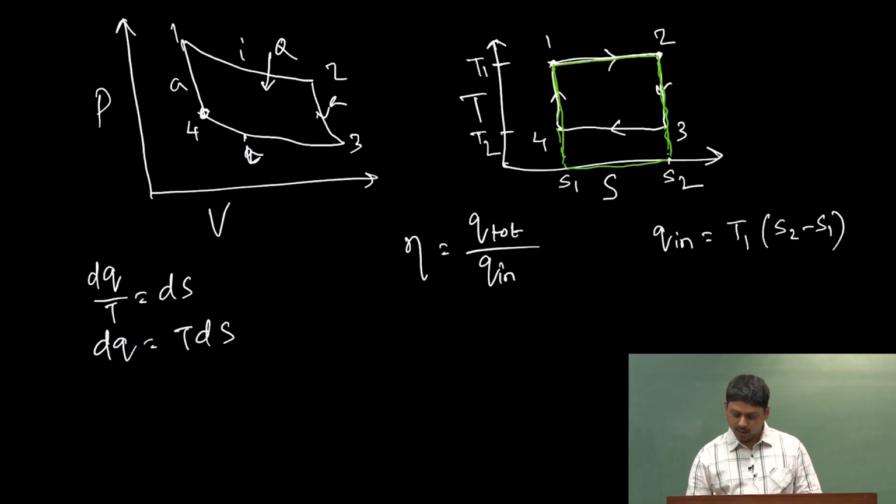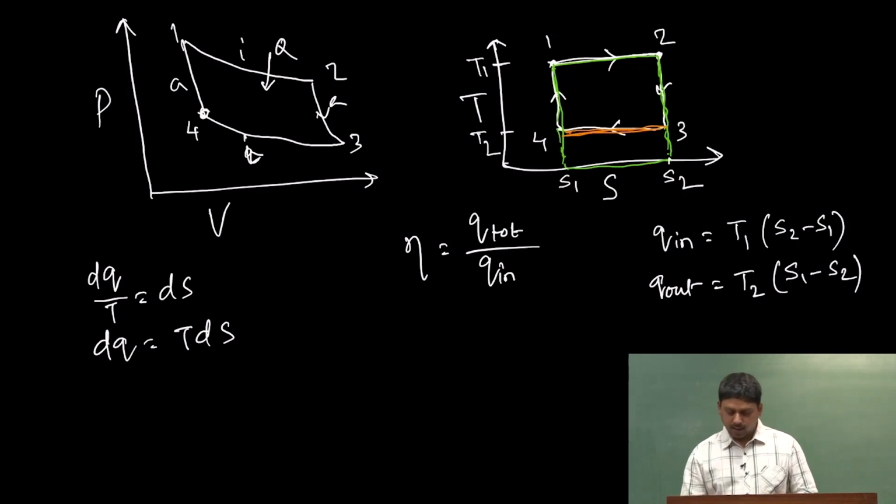Q out you can also calculate. I will show it in a different color, orange. Q out is the area under this line, and the temperature there is T2. However, it is a negative quantity because the entropy decreases there. So it is T2 multiplied by S1 minus S2, that is Q out.